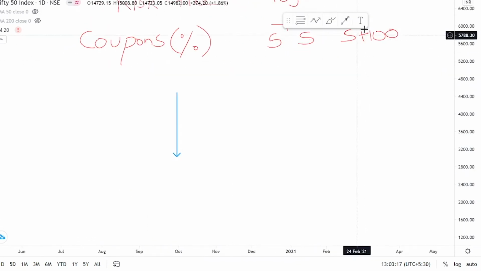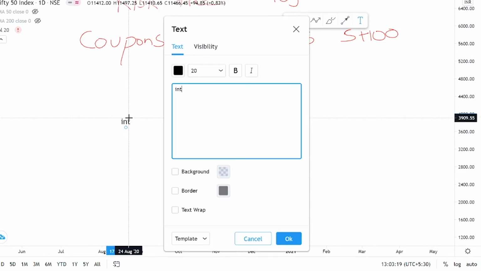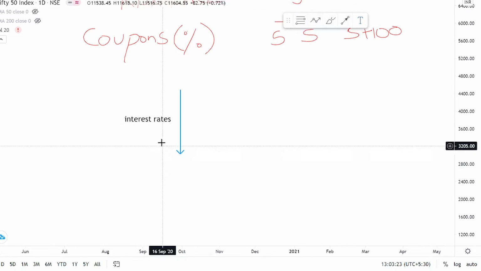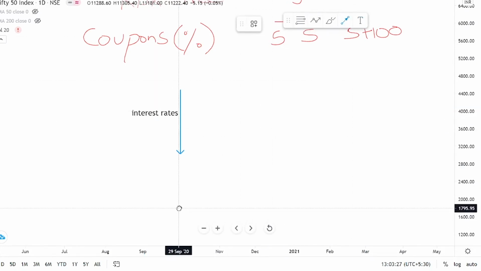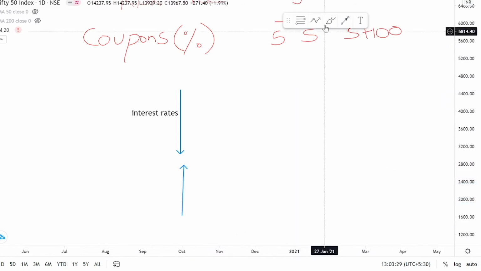As the interest rates decrease on loans, more people would be willing to take these loans. So the number of people taking the loans would increase.